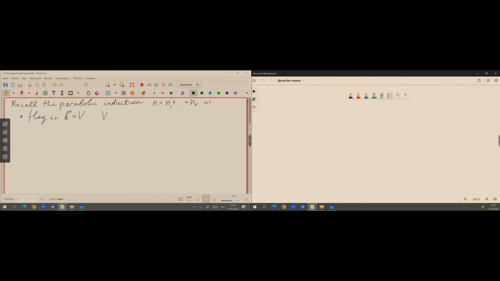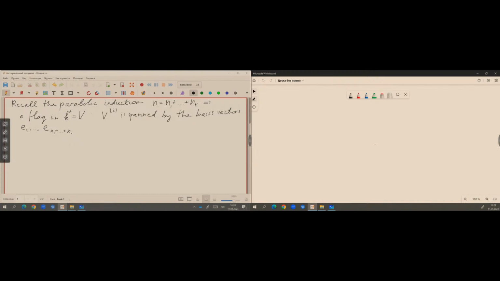So Vi is spanned by the basis vectors e1 and so on up to e_{n1 plus so on plus ni}.